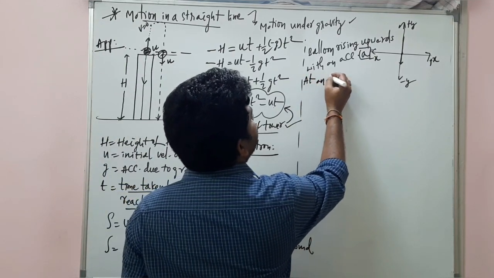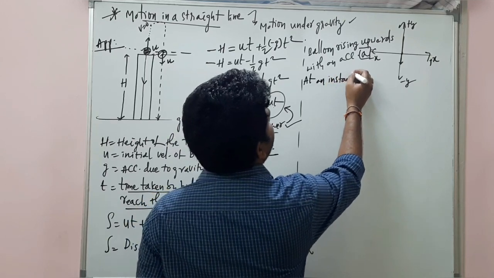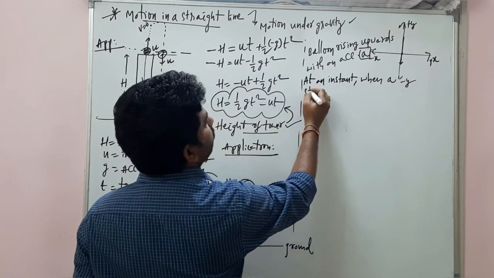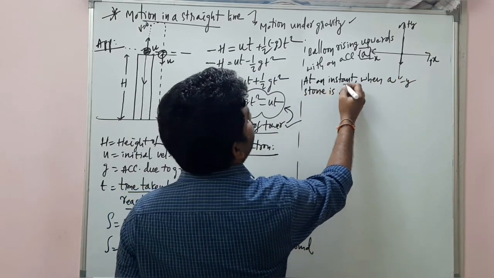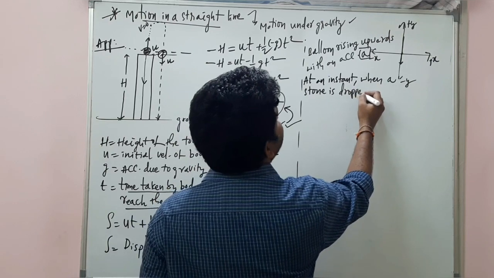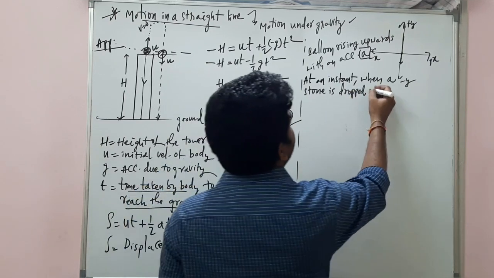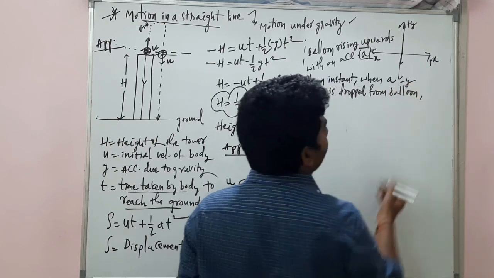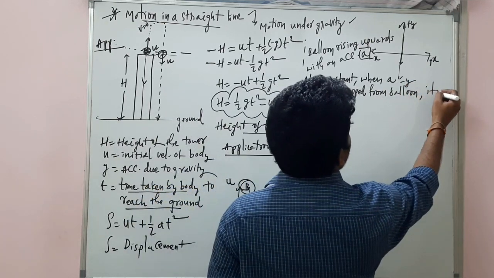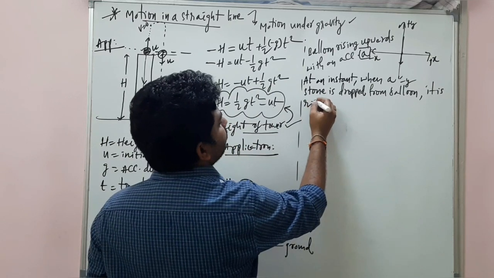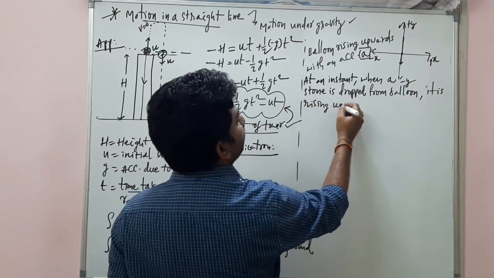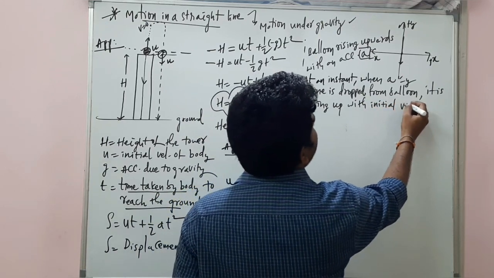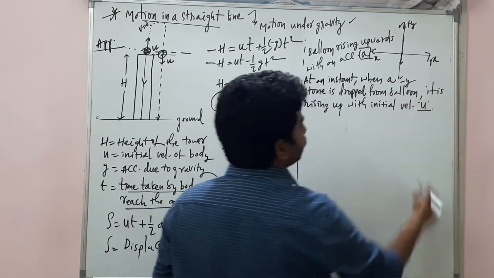At an instant when a stone is dropped from the balloon, that's an important point, it is rising up with initial velocity called u.